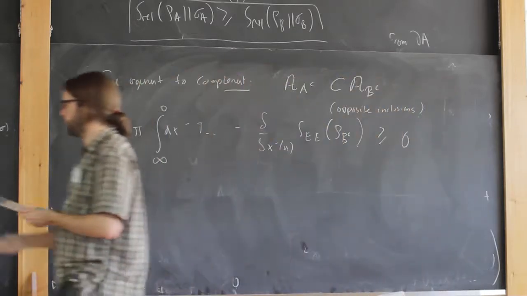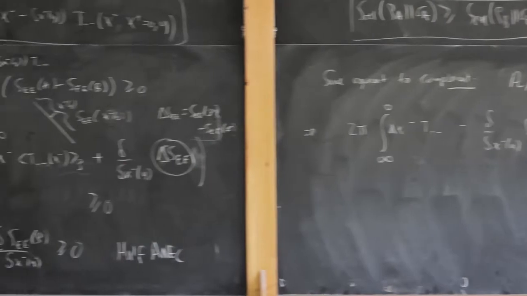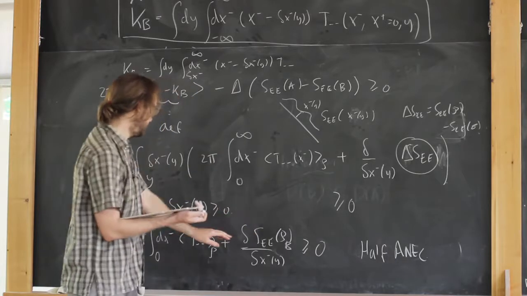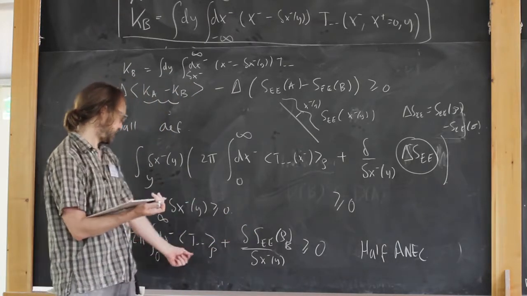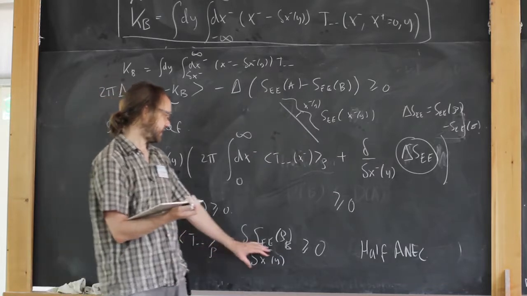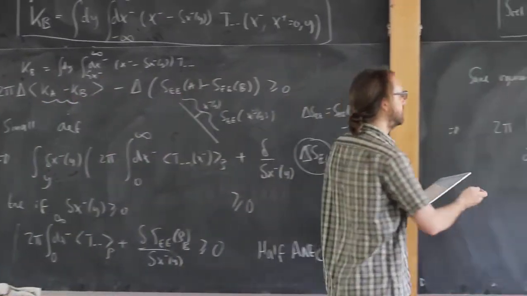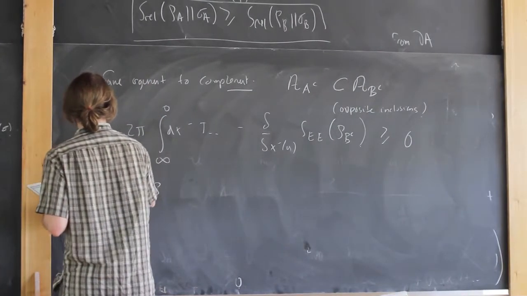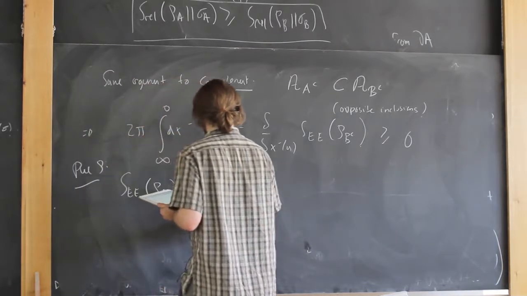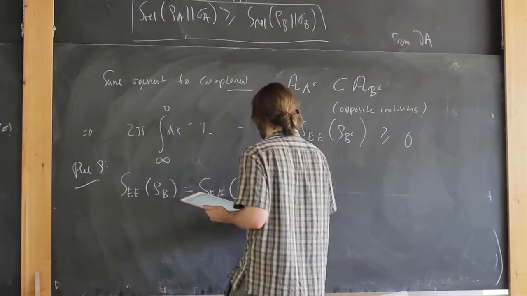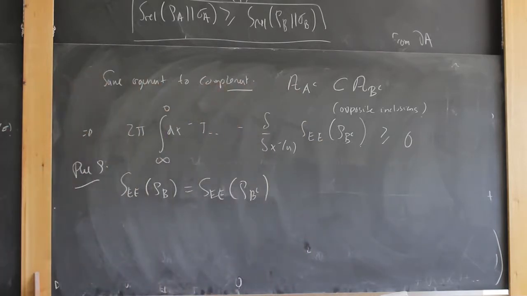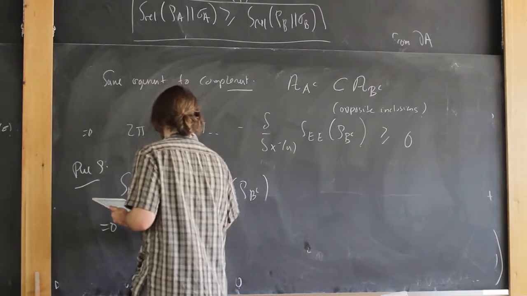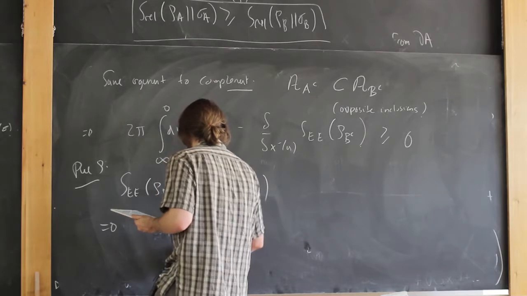I haven't been too specific about the state, but sorry, I should say this is rho B. Now we're going to take the state to be pure, and if the state is pure, rho in the total space, then the entanglement entropy of B is the same as that of the complement. So these things are the same, and I can just add these two inequalities, and the result, dropping the 2 pi, is just the ANEC.